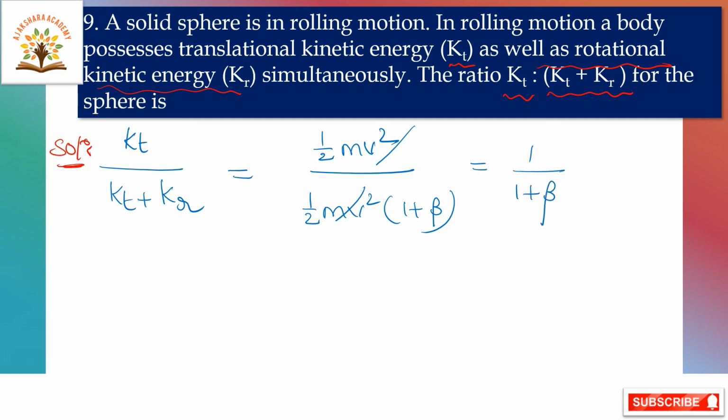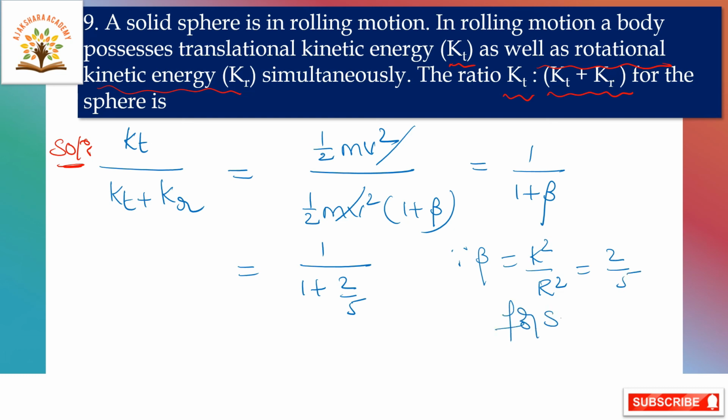Beta is equal to k square by r square. So that is 2 by 5 for a solid sphere. So for a solid sphere, beta is equal to 2 by 5.